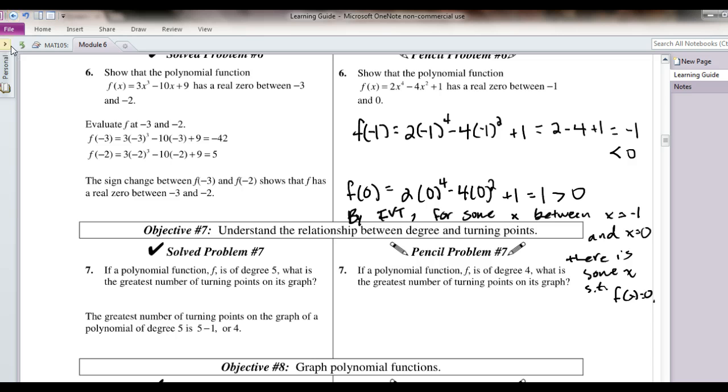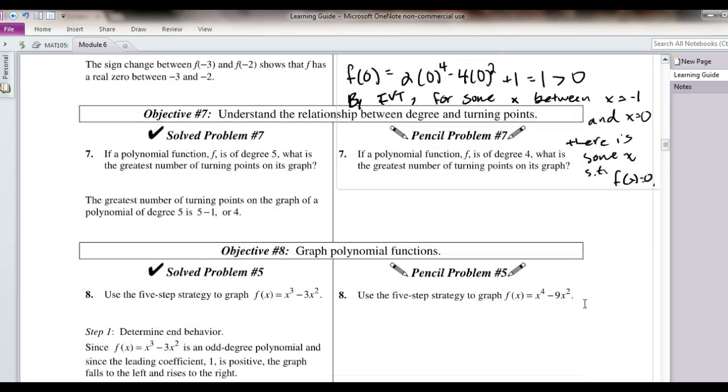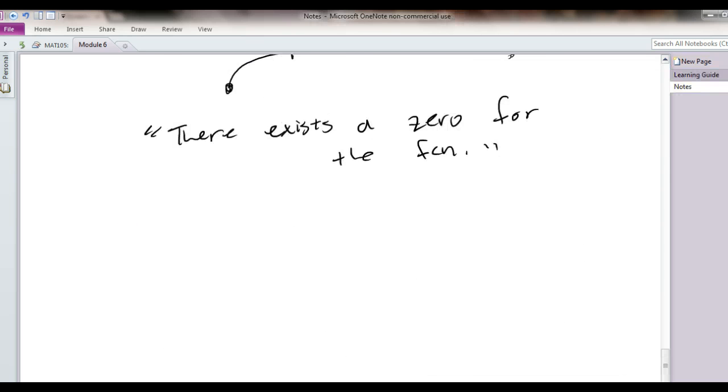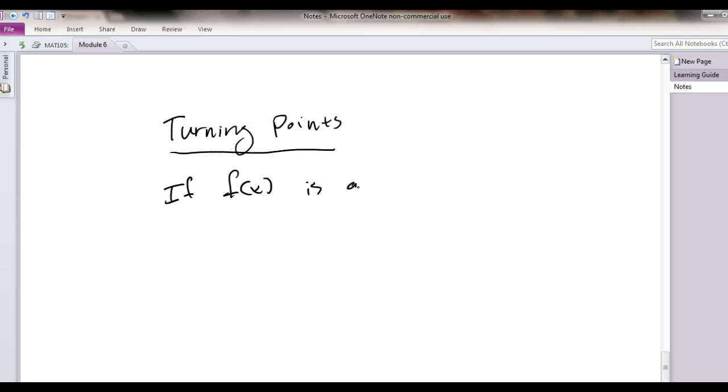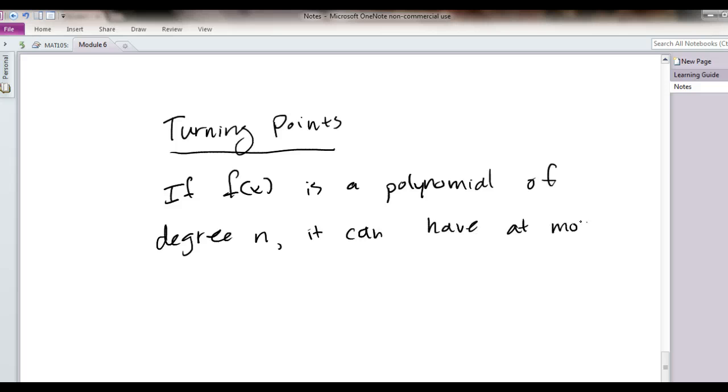This turning point thing is also another interesting pattern, so I will talk about that briefly. So, turning points. If f of x is a polynomial of degree n, it can have at most n minus 1 turning points.